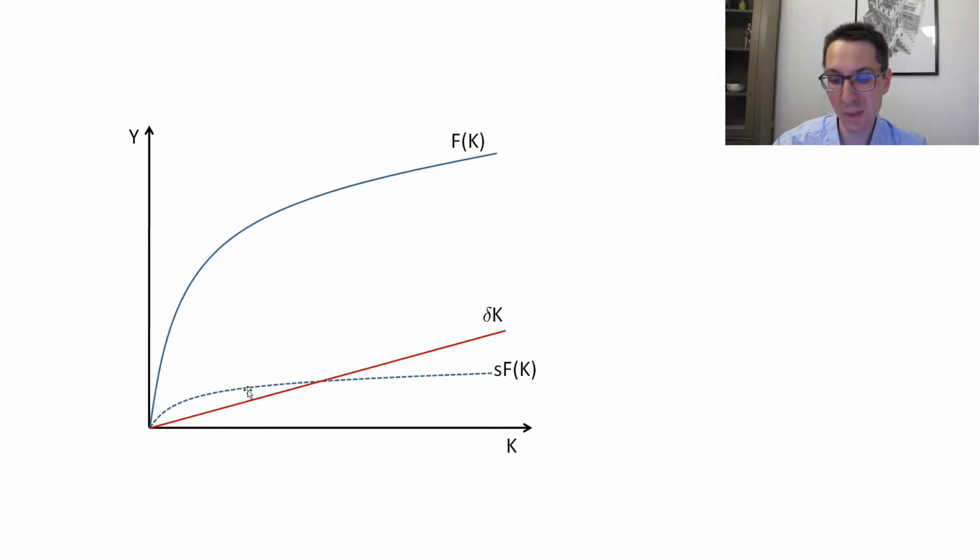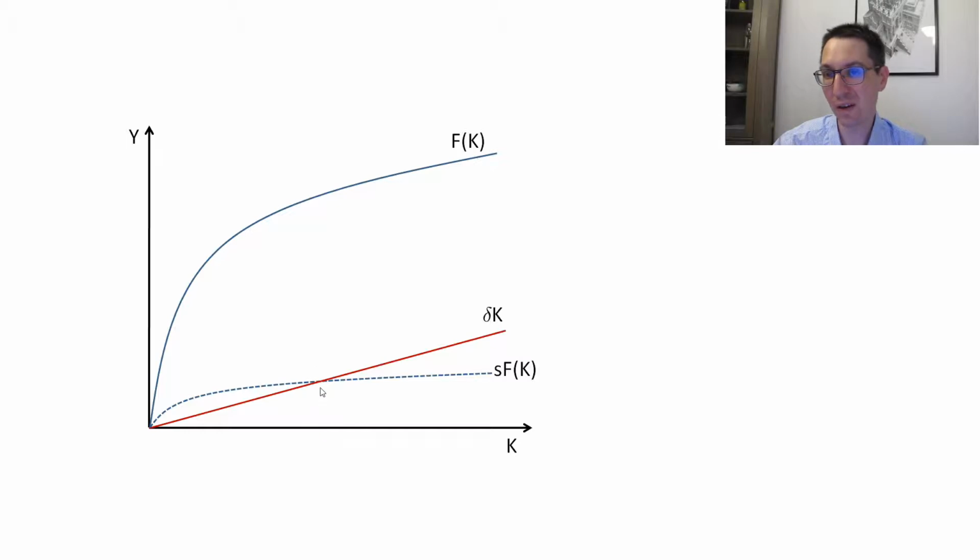But still, as I'm on that side of the graph, it looks like I should always get a positive growth rate of capital. Until where? Until I get to exactly this point here, which looks like somewhere that is stable.